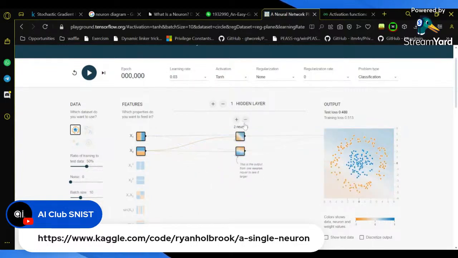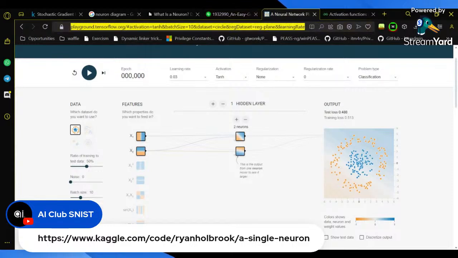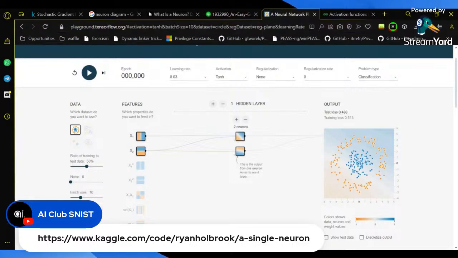There are supposed to be only two layers. I'll just put this in the comments too.